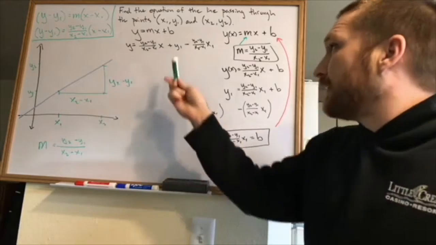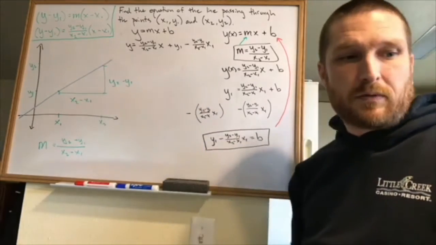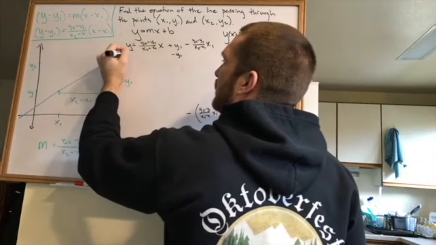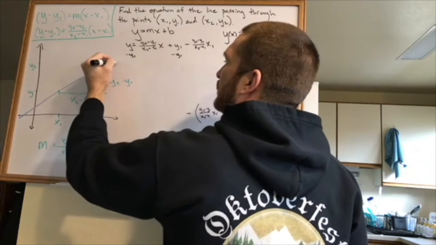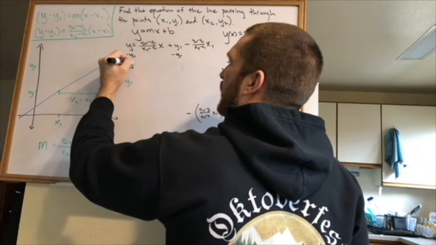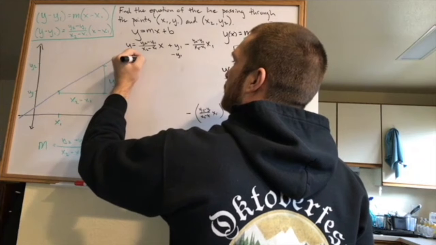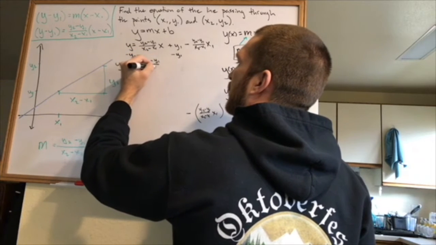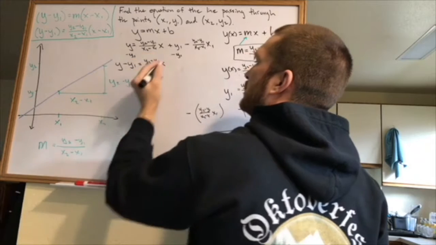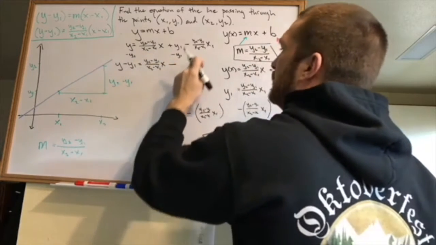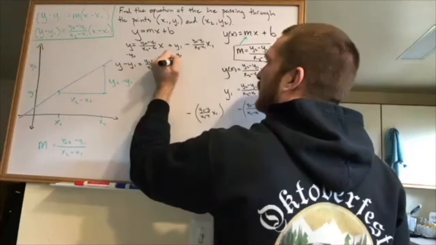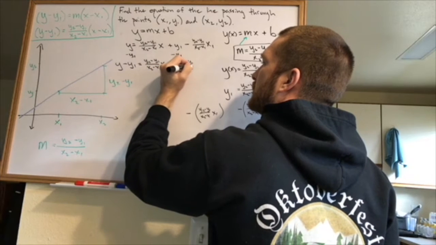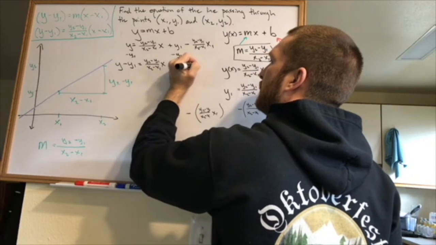I don't know, let's get all of our y's together. Subtracting y1 from both sides gives me on the left y minus y1 equals that ugly thing, x minus, again, that ugly thing, y2 minus y1 over x2 minus x1 times x1.